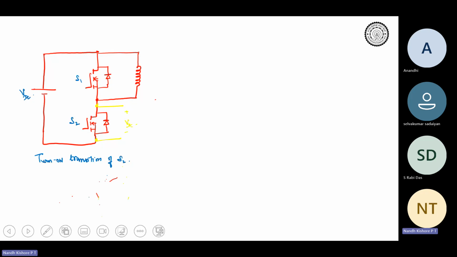And you know that inductor is a current stiff element. So the inductor current would have been freewheeling through the anti-parallel diode before the MOSFET turns on, correct? The inductor current is given as 20 amperes in our problem, so the 20 amperes was flowing through the diode. Do you understand this?